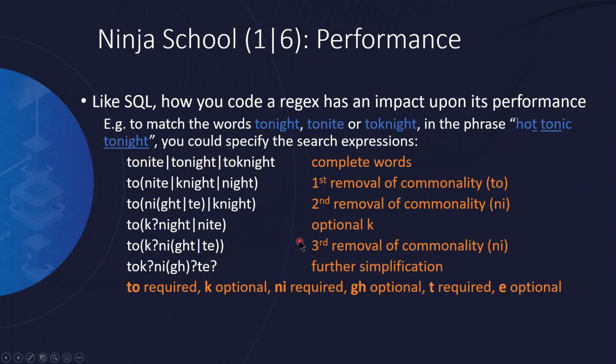So as you see, I'm reducing the complexity. Well, it looks complex, but I'm reducing the processing that the regular expression function has to go through in order to apply this expression to the search algorithm.